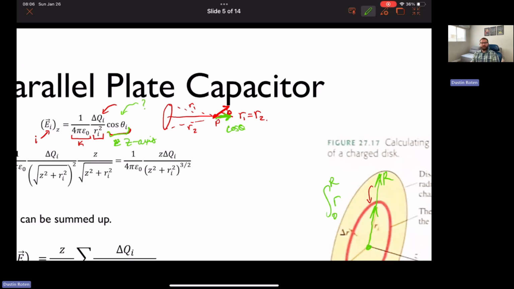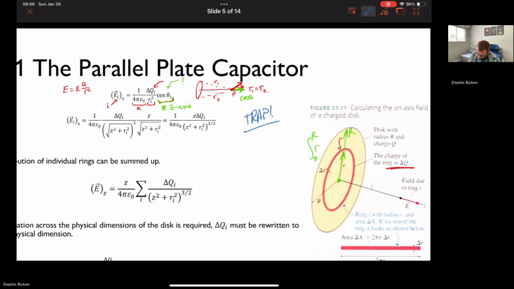Now here's the trap that I want to highlight. So we need to be careful. Notice that this r is this distance here, but we can do a subtle rewriting, okay?